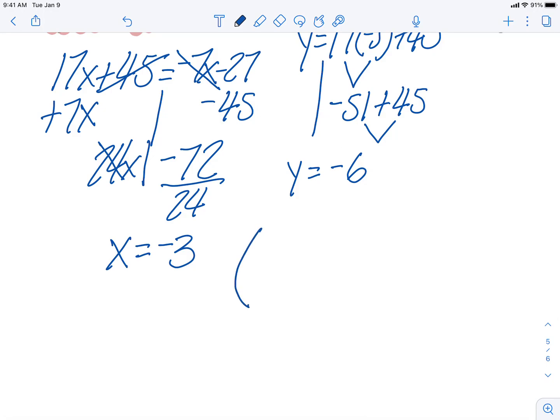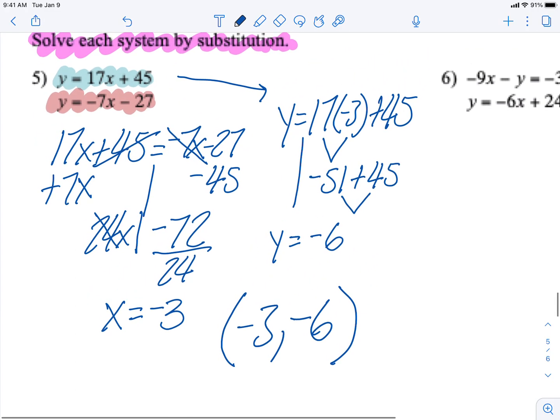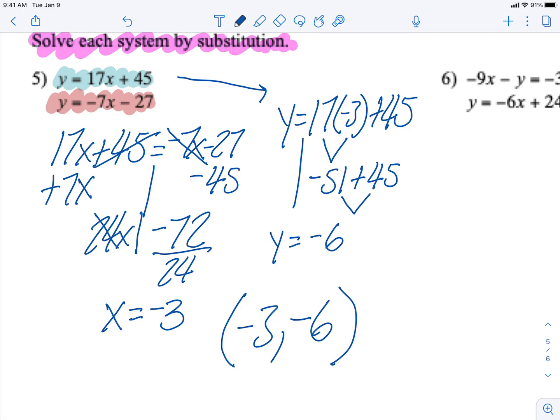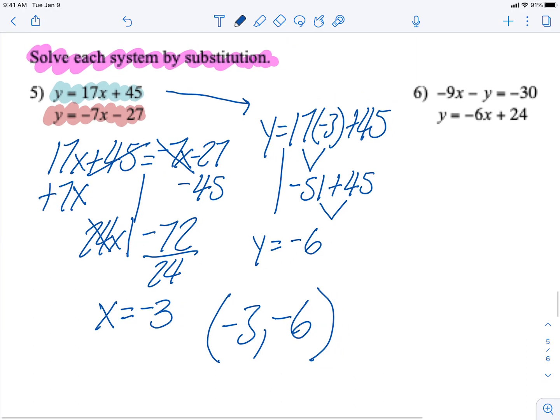So my ordered pair here is negative 3, comma, negative 6. Look at that. Perfect. That is our first. Now I can box.